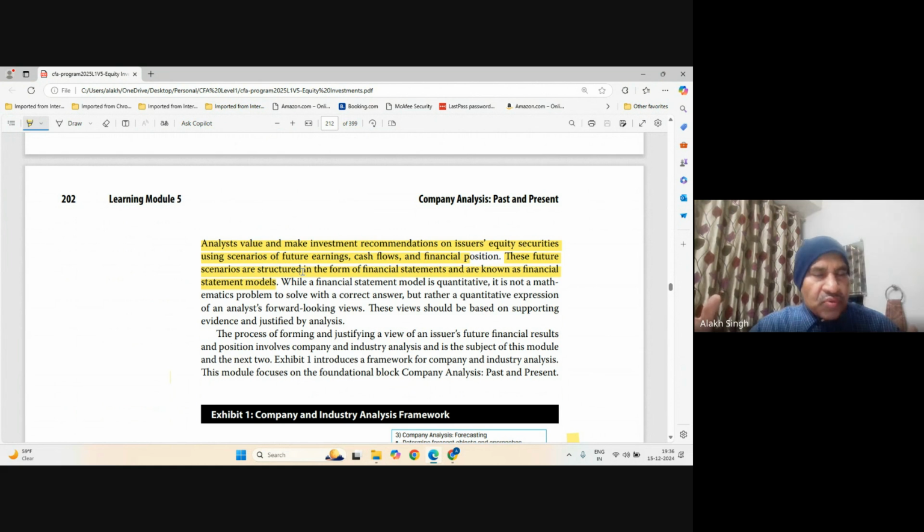A point estimate has very low probability, close to zero, as we have studied in the normal distribution or any distribution. So we give an interval estimation, and that interval estimation contains scenarios. One standard deviation below will be a scenario of recession. Two standard deviations below will be a scenario of depression.